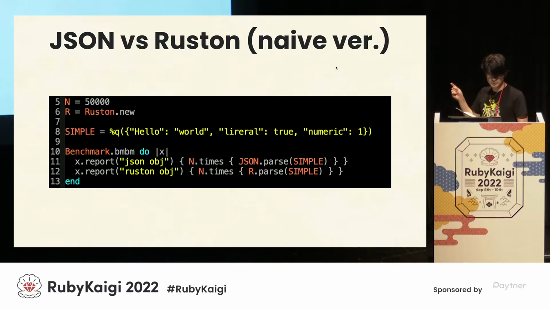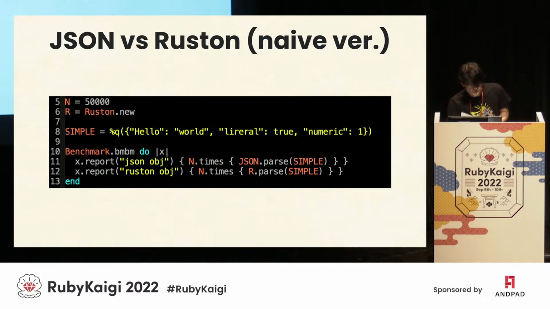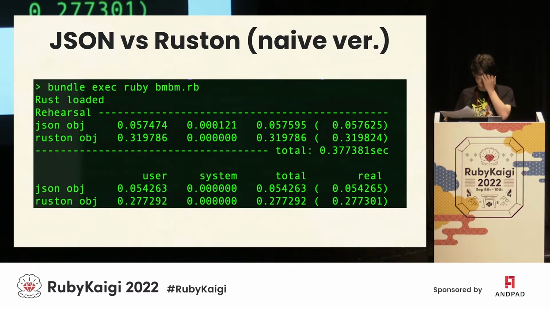This is the demo benchmarking code: 50,000 times invoke the parse. The result is clearly slow.